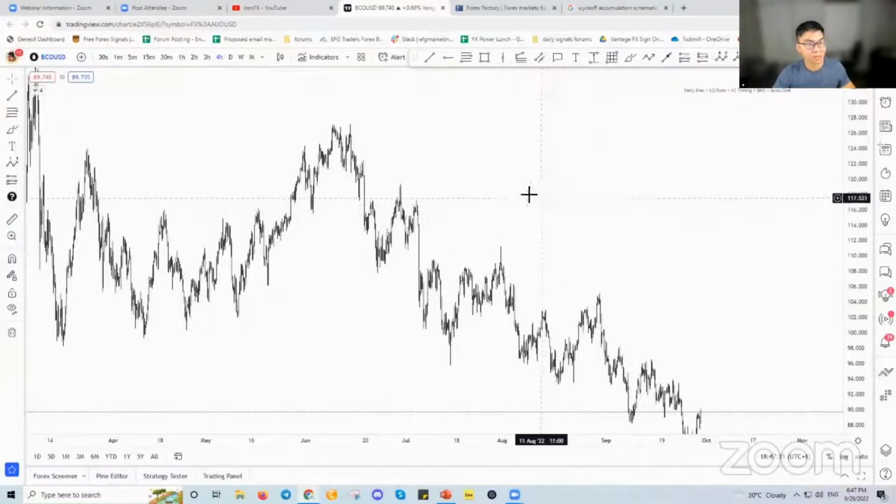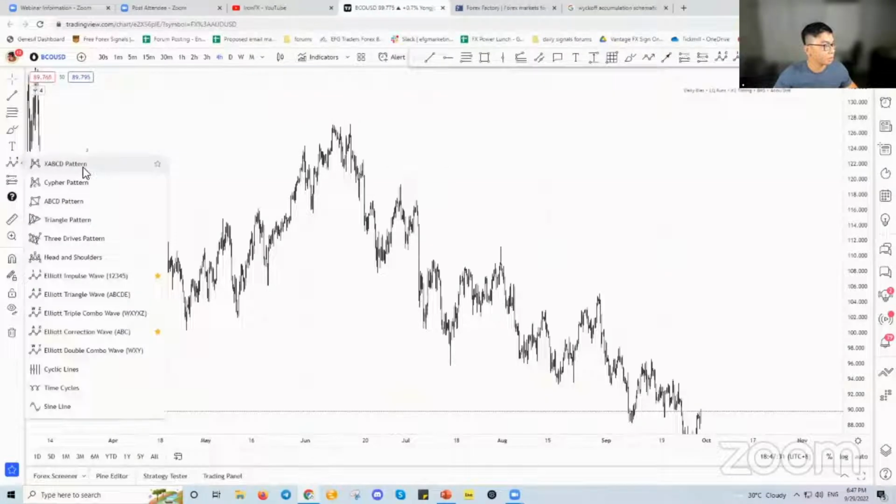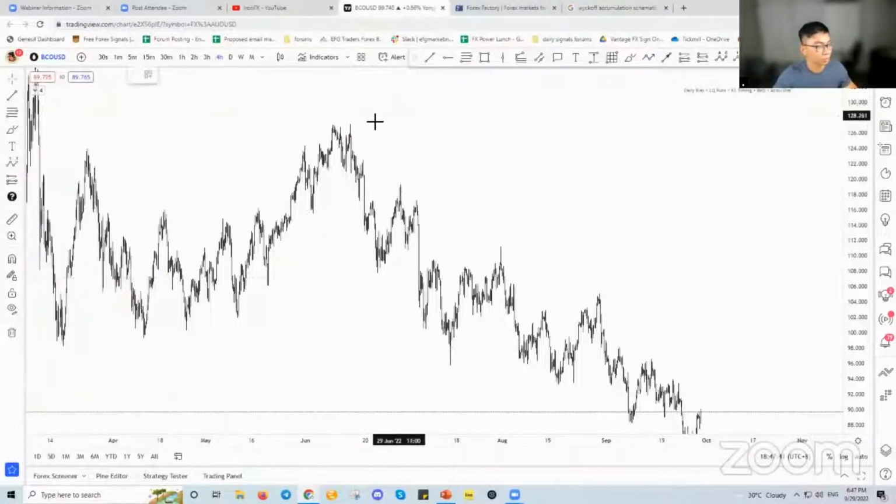So let's draw out an Elliott wave again. We can use the Elliott impulse wave. You can find it from the 1, 2, 3, 4, 5, 6 icon at the top.